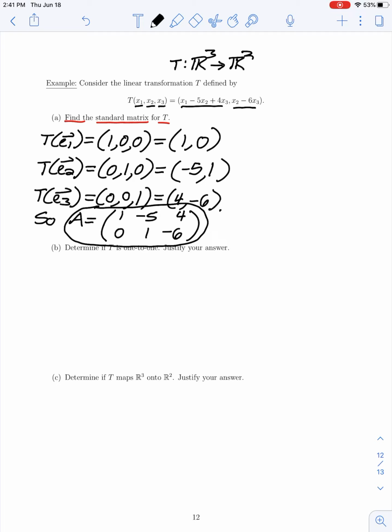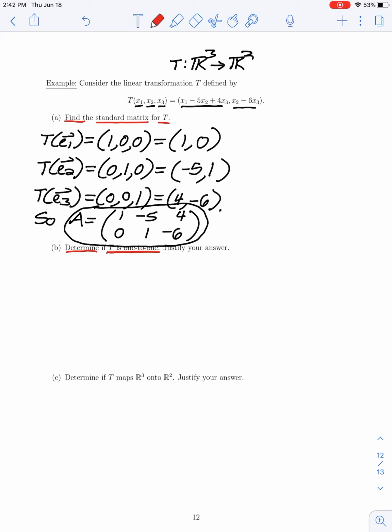And once I have this matrix, I can use theorems 11 and 12 to determine whether this transformation is one-to-one or onto. So in part B of this example, we are asked to determine whether the transformation T is one-to-one and justify our answer.